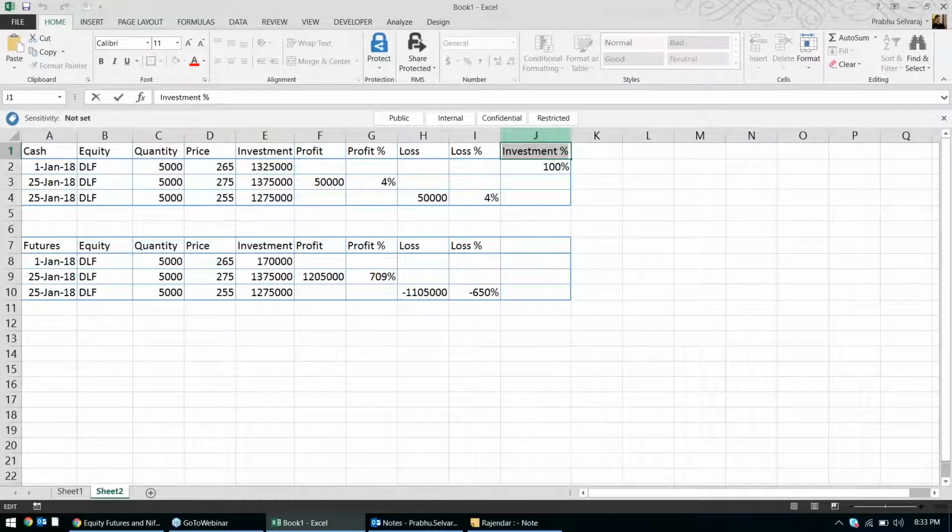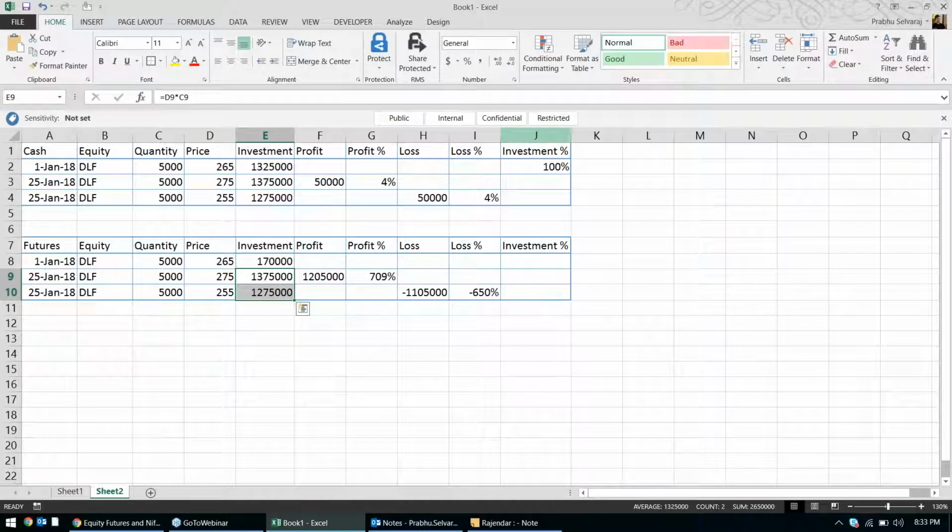Now if I go to futures, I'm investing only 1,70,000 into the market. And if the stock price goes up by 10 rupees, I get 50,000 profit. If the stock price goes down by 10 rupees, I make a loss of 50,000.